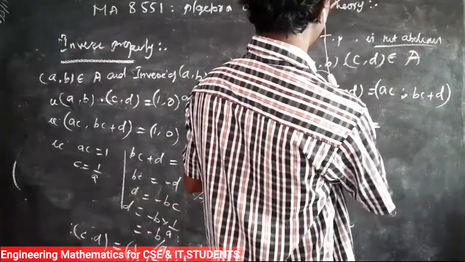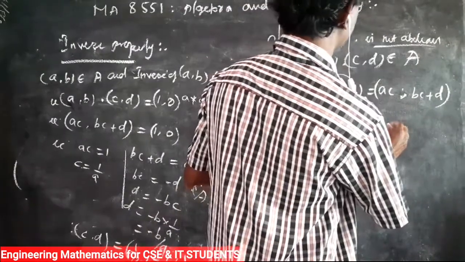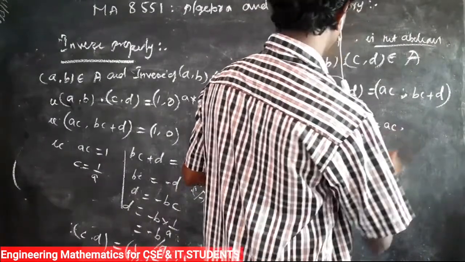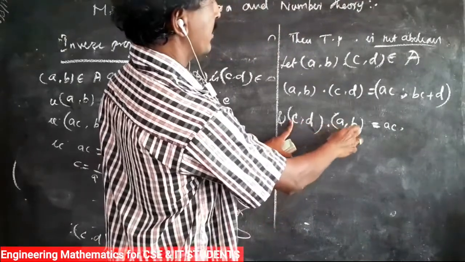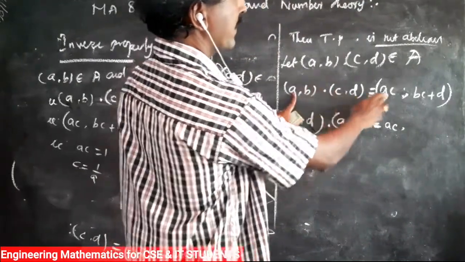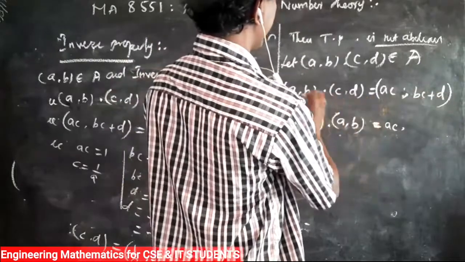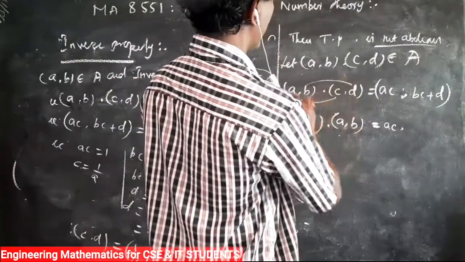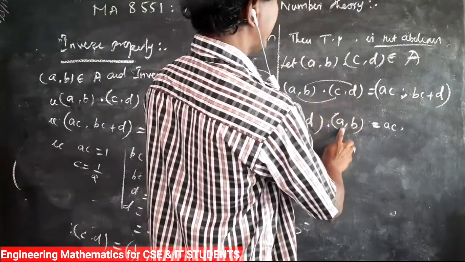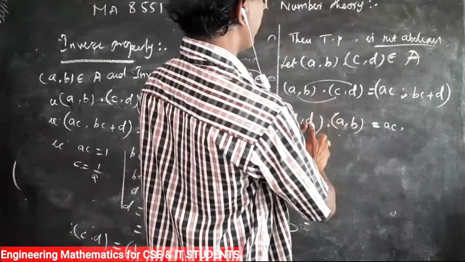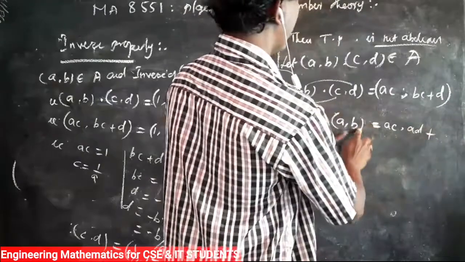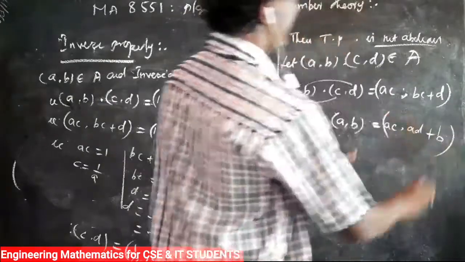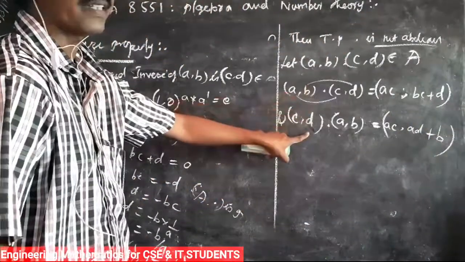So that is equal to CA comma, and AC comma BC plus D, AC BD. So AC, CA comma AD plus B. The two are different.